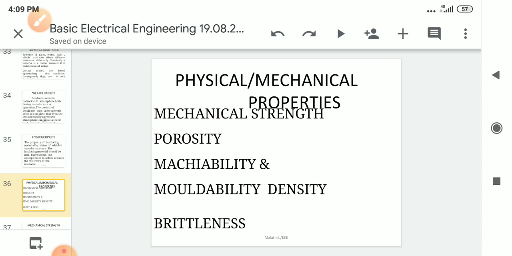To choose this, definitely we have to study all the properties of that particular material. Then only can we pick the correct item for the correct application. That's why we studied all these types of properties.